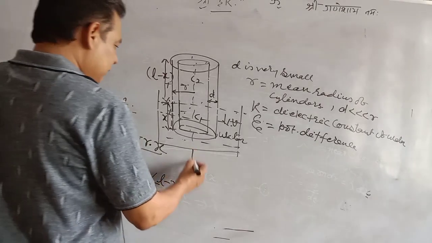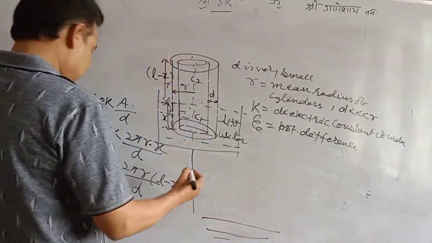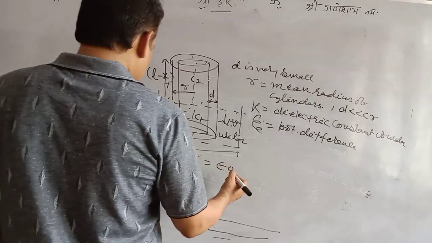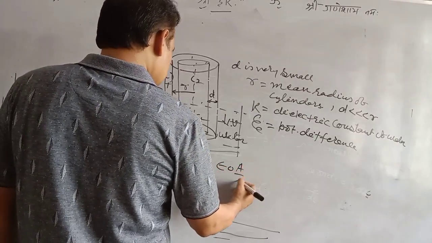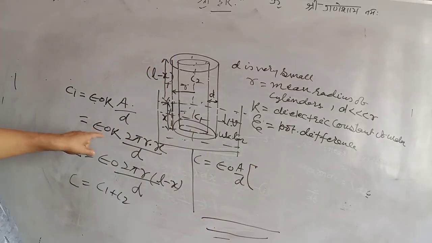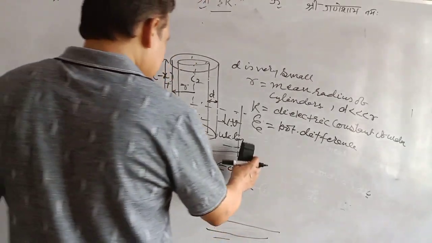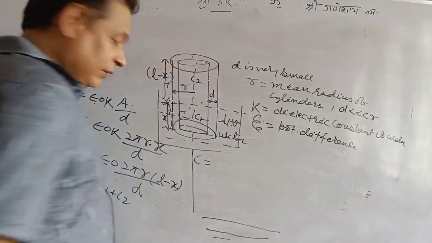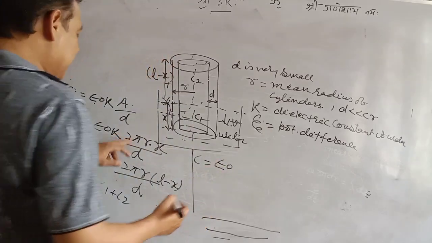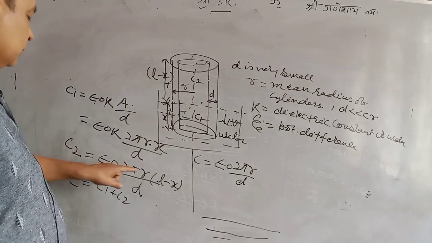Once again, I am writing here: C equals epsilon naught A by d, where epsilon naught 2 pi R by d is common to both.